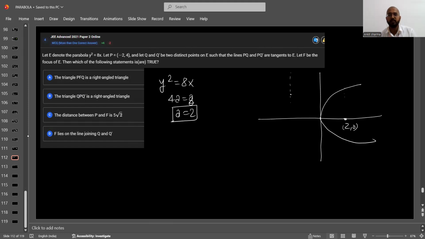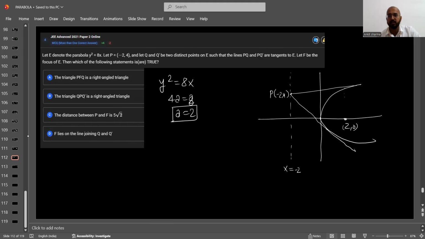So 2 comma 0 is the focus. And this point is going to be right here. This is my directrix, which is x is equal to -2. So x is equal to -2, and then my point P is going to be here, which is -2 comma 4. Now, what it is saying is that from here we have drawn two tangents. So we know that this point is on the directrix, which means tangents drawn from a point on the directrix are perpendicular.